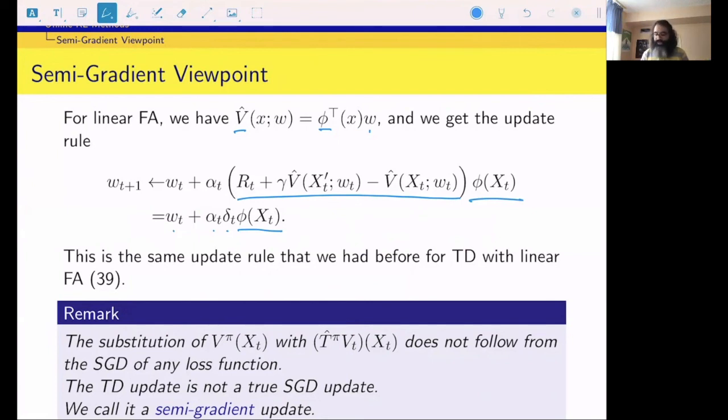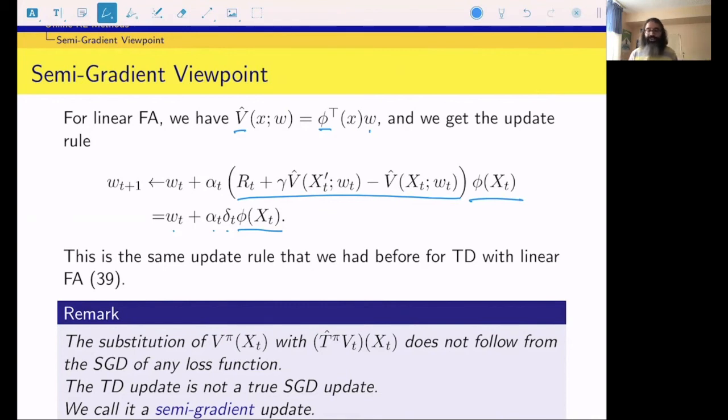So now the point is that this is exactly the same as the TD update that we had several slides ago. The second approach, the stochastic approximation version of it, gets to exactly the same point.